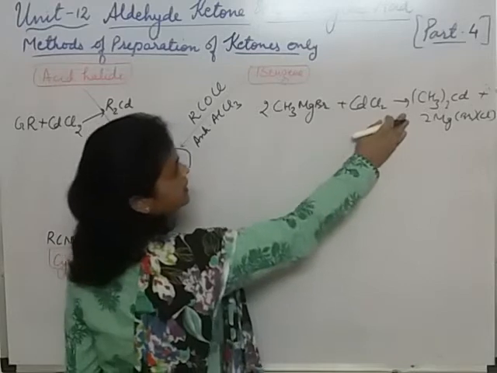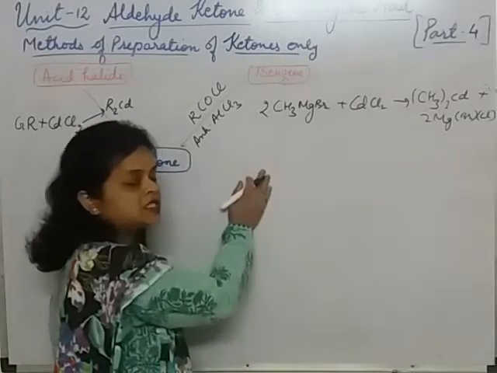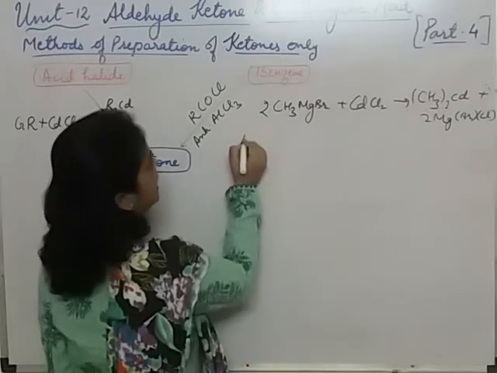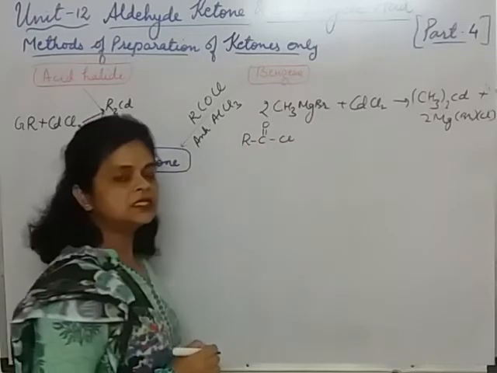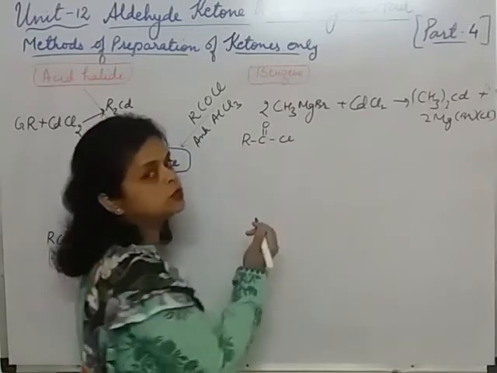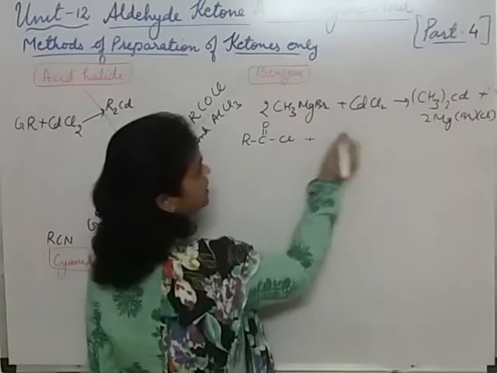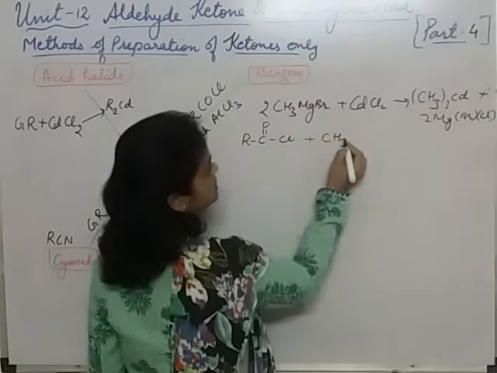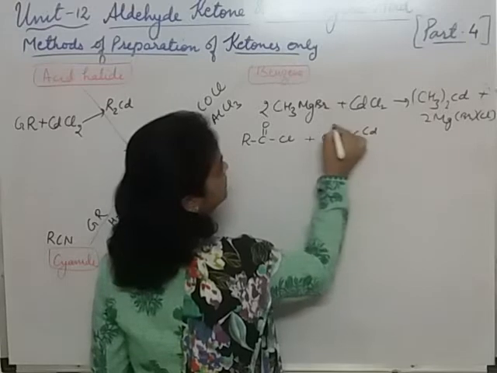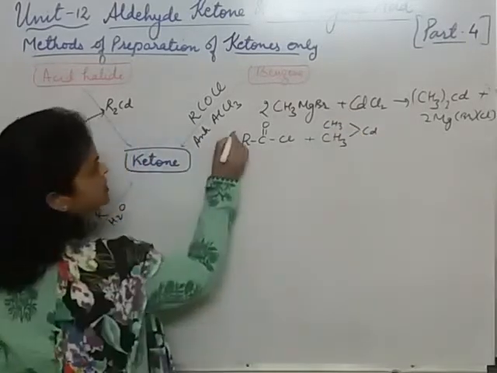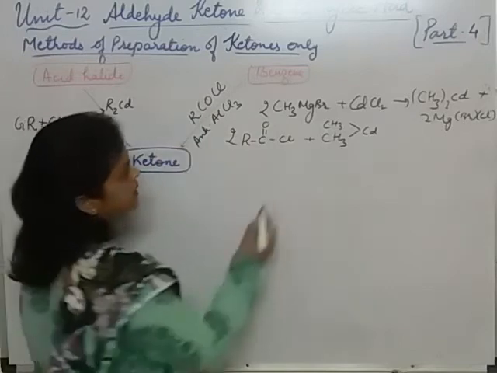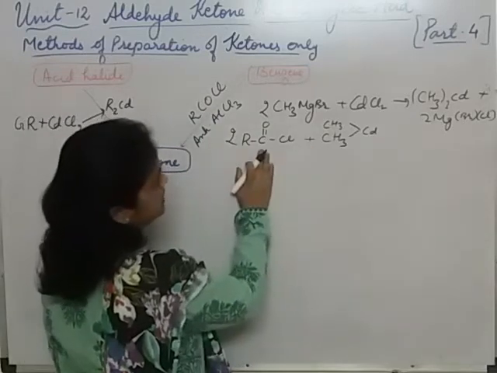Now this dialkyl cadmium will combine with the acid halide RCOCl. This is the acid halide, or you can say acyl halide. When it combines with dialkyl cadmium, CH3 cadmium, we take 2 moles over here. Okay, so here what are you going to get?